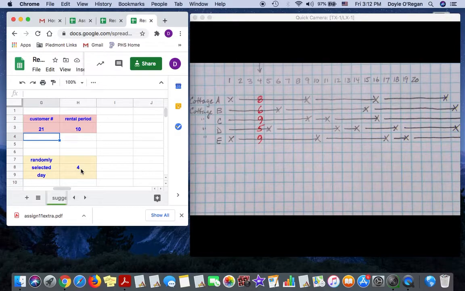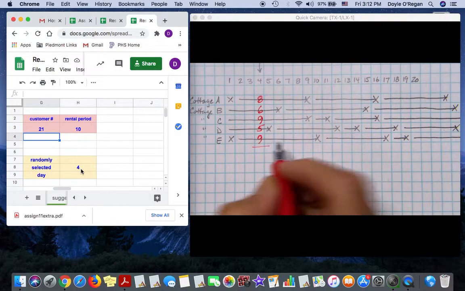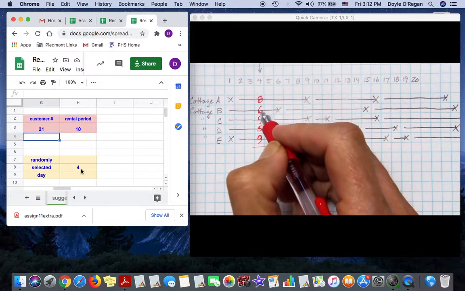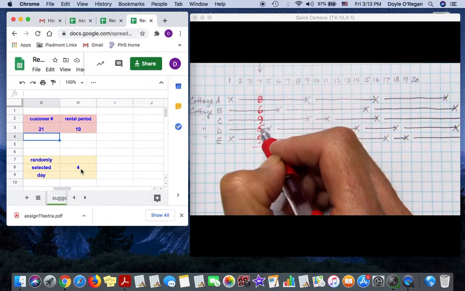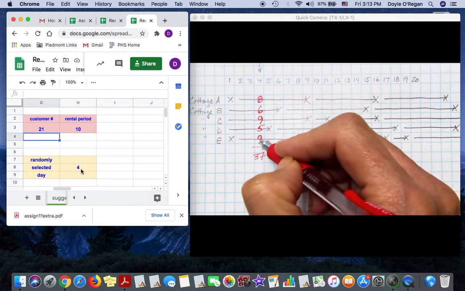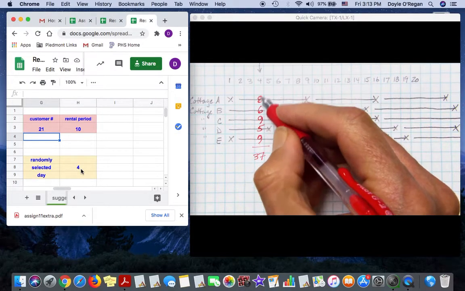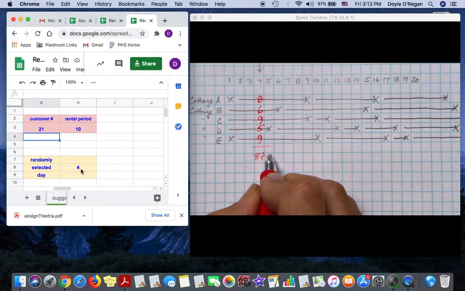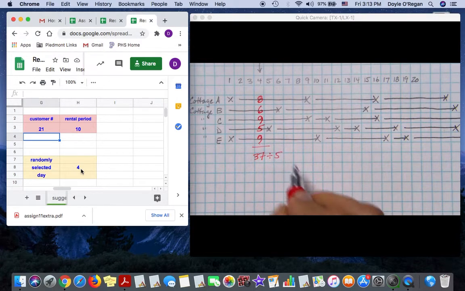9-day stay. And so now I go ahead and add up those numbers. Let's see, 14, 23, 28, 37, I believe. Let me double check that. 14, 23, 28, 37. And then divide that by 5 customers.